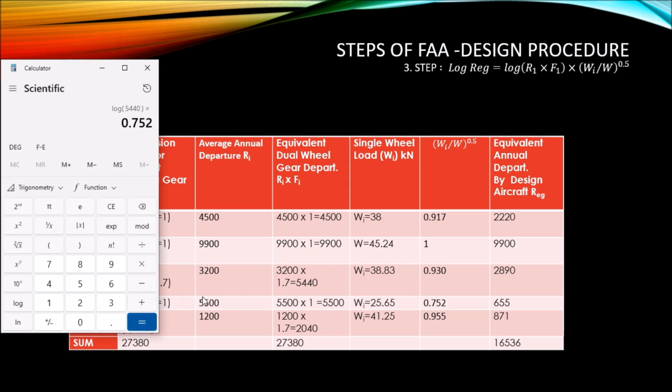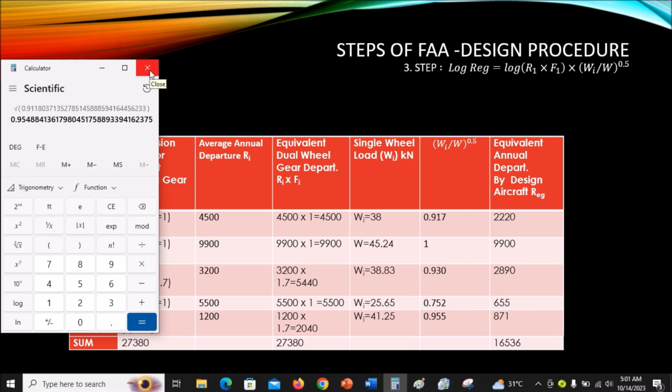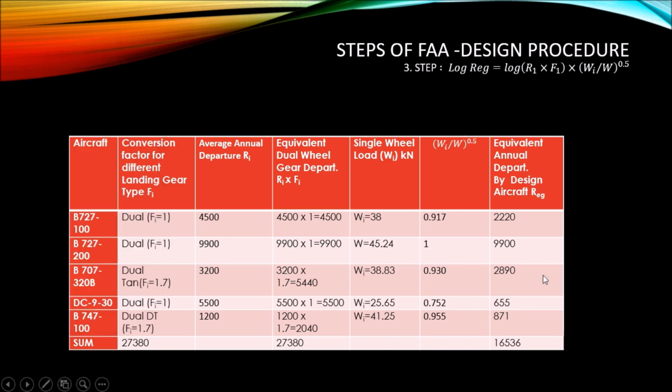What do we have? This is what we have. So we find the antilog. The antilog is 644. Here we have 655. They are close.